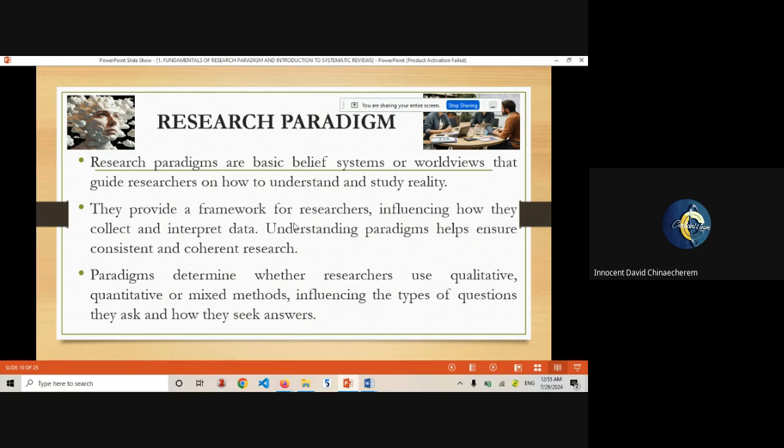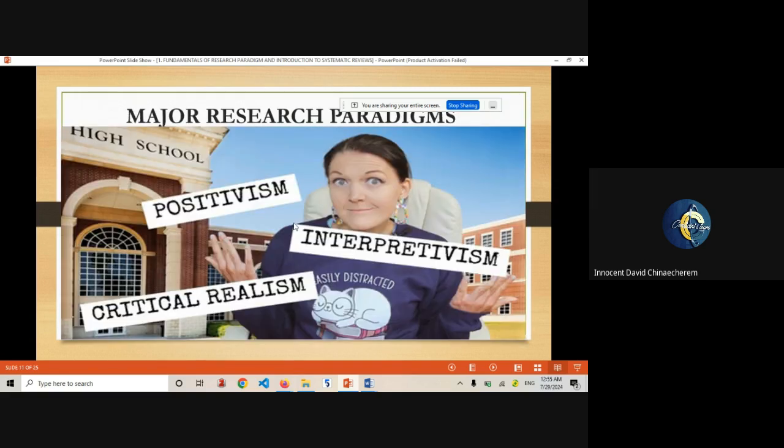We have positivism, interpretivism, and critical realism. We also have diverse ones. Now, when your friend says, "Hi, Bola, I'm telling you that 65% of men are not cheaters. Men don't cheat." What is your fact?